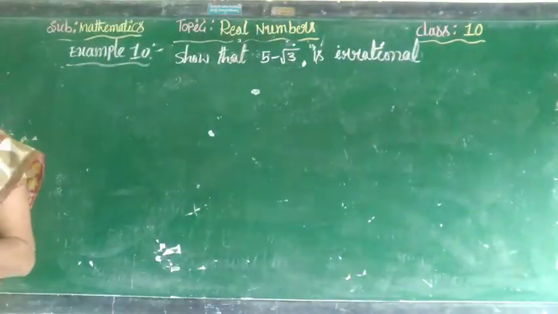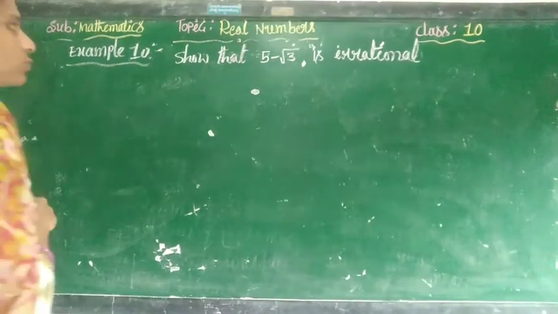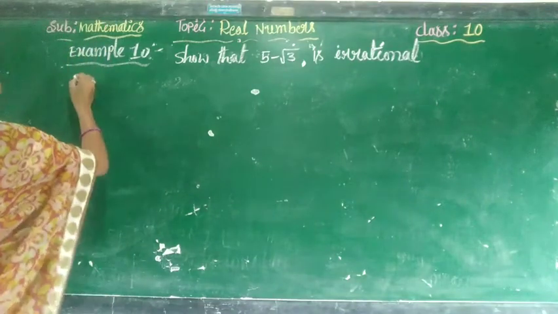Example 10. 5 minus root 3 is irrational. Proof.